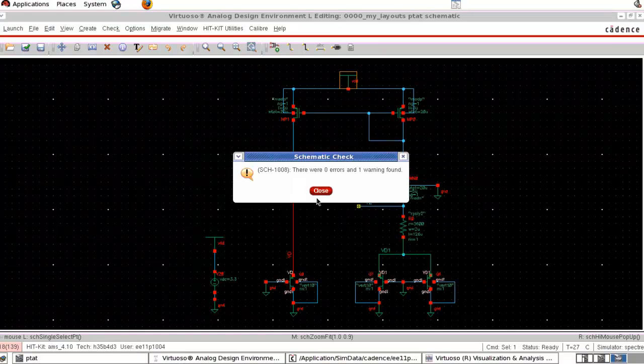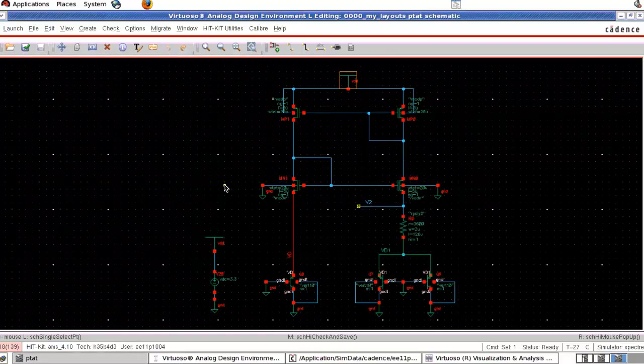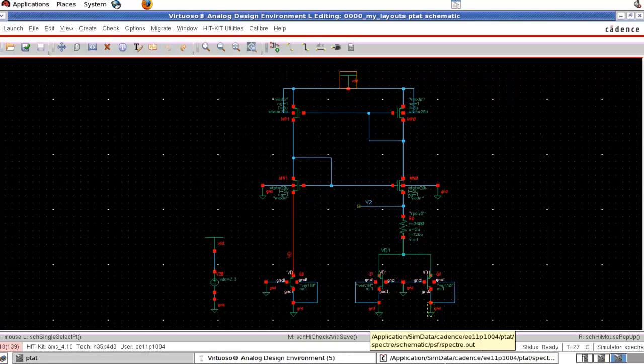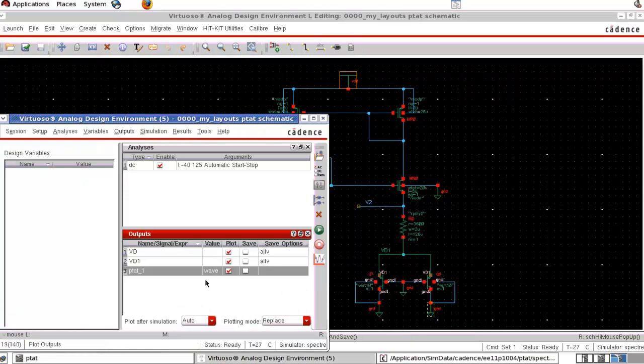So now our current mirror structure is over, and we want to check whether VD is equal to V2. So our first simulation is to check whether VD is equal to V2. So I am deselecting the PTAT 1, and I want to plot.